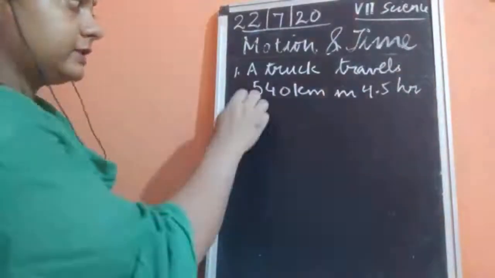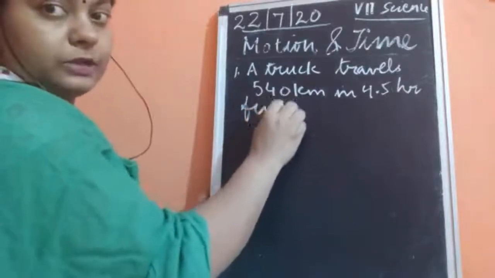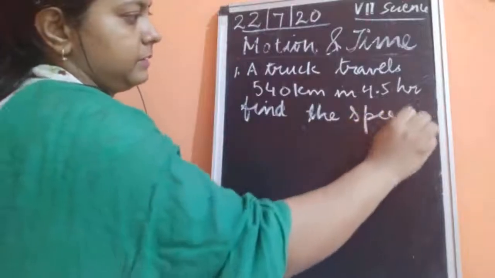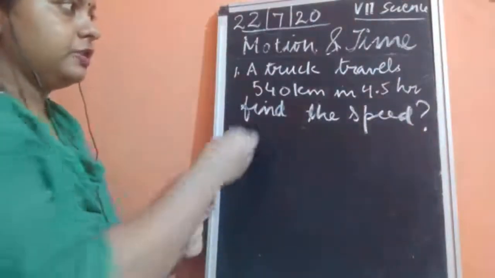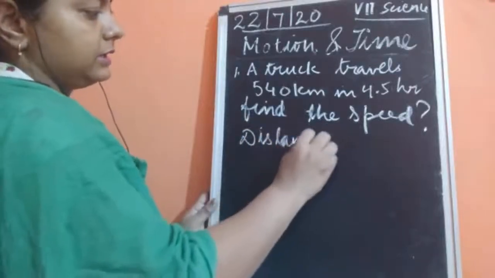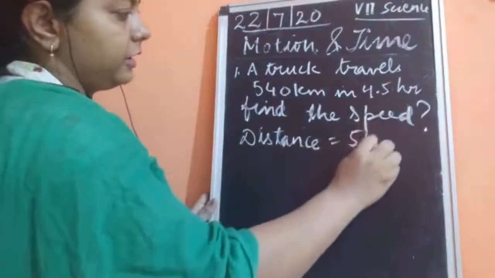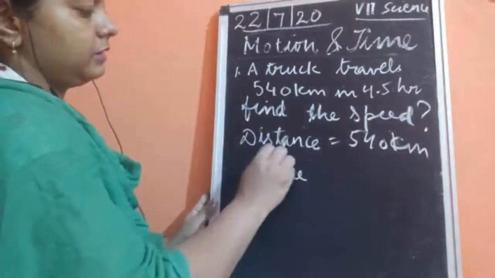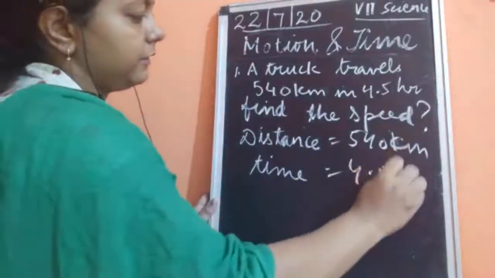Find the speed. You need to find the speed. How will you find out? You have the distance. What is the distance? It is 540 kilometers. What is the time? You have 4.5 hours.